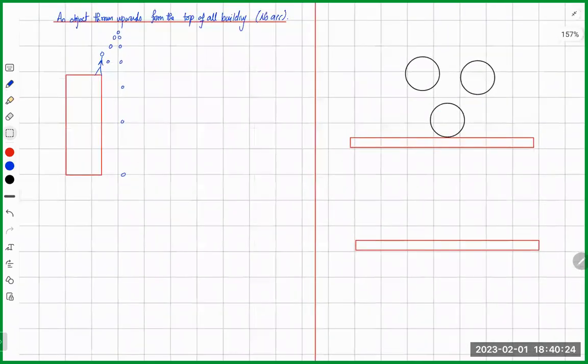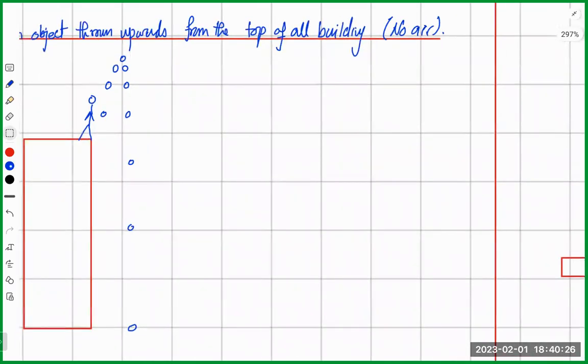Now, what will be happening to different things? Speed decreases with constant deceleration of 9.81 meters per second squared.